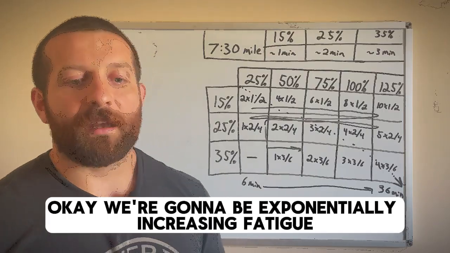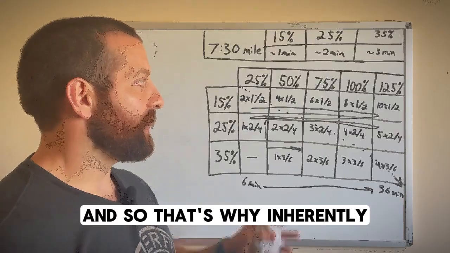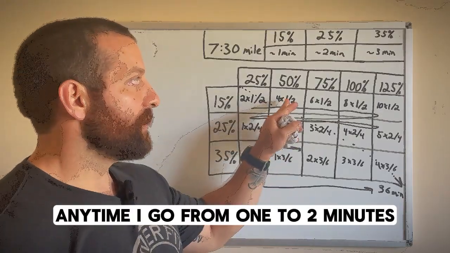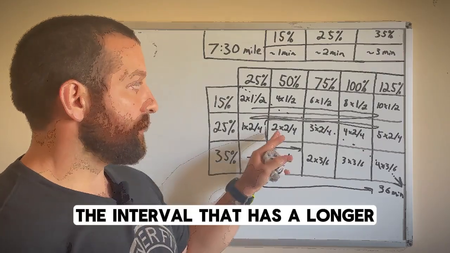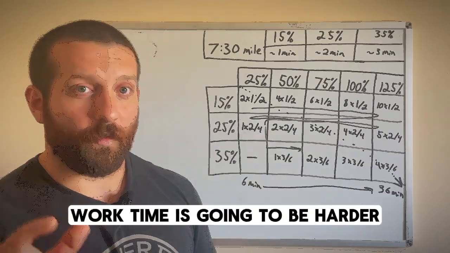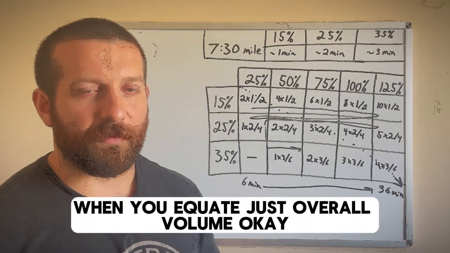Okay, we're going to be exponentially increasing fatigue, and so that's why inherently anytime I go from 1 to 2 minutes, or I just increase that work time, the interval that has the longer work time is going to be harder when you equate just overall volume.